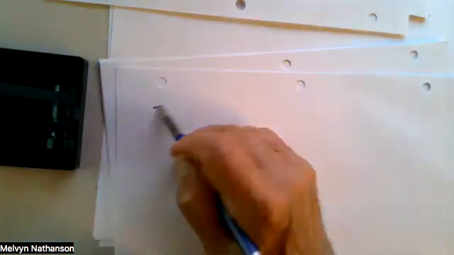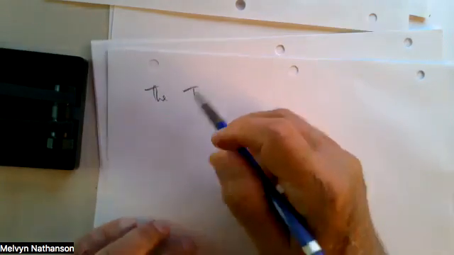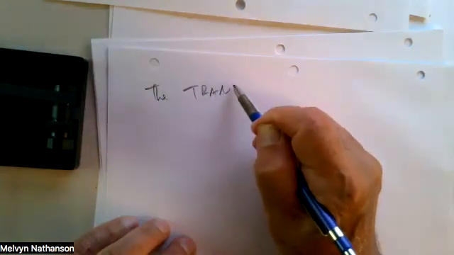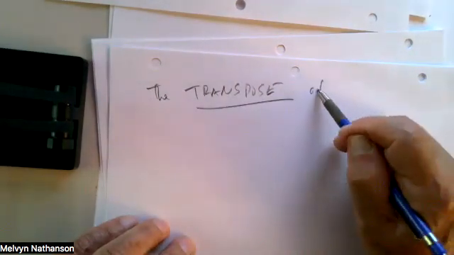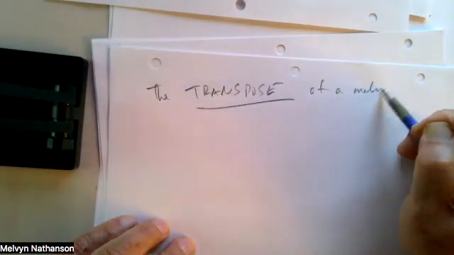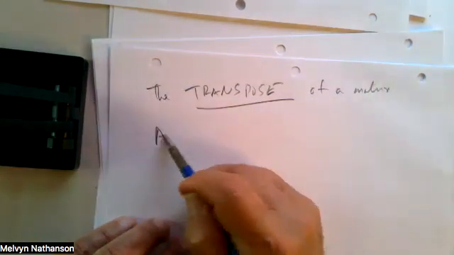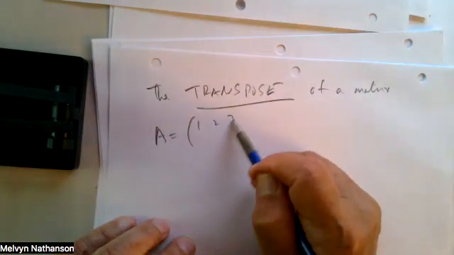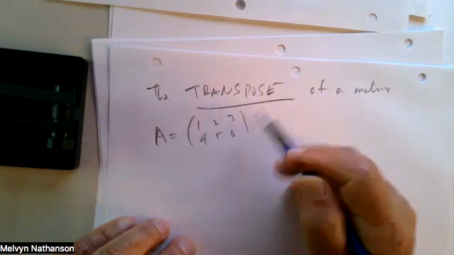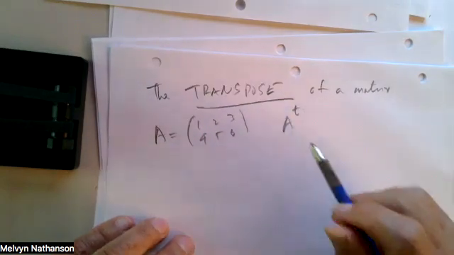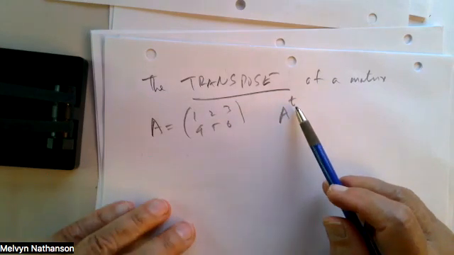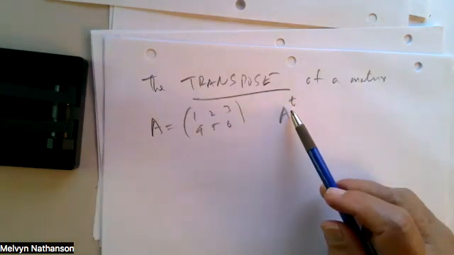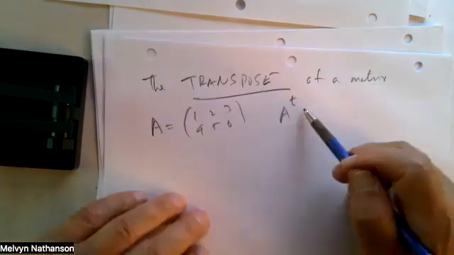Okay. Let me just review one other operation on a matrix, which is called the transpose of a matrix. So for example, if A is the matrix [[1, 2, 3], [4, 5, 6]], A transpose, which we write by adding this superscript T, you just turn the rows into columns and the columns into rows.